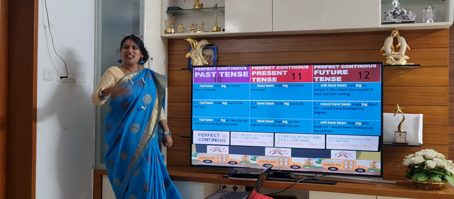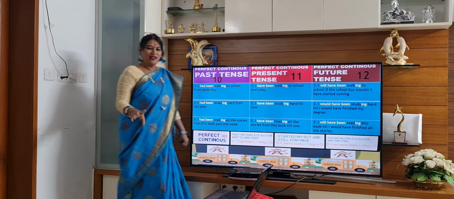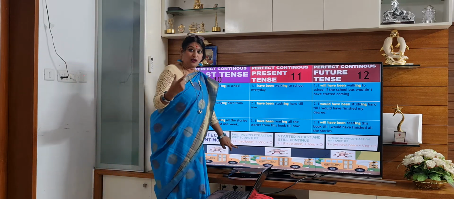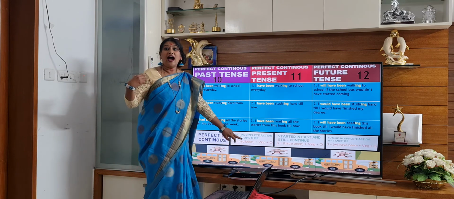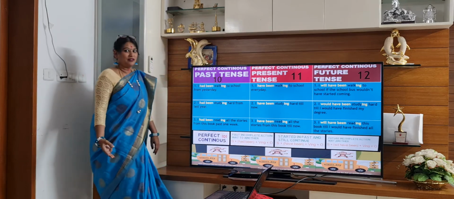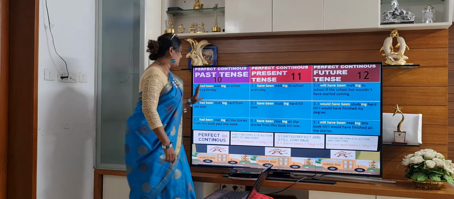Continuous word is there, so ing has to be there. V1 ing, V1 ing. Is that clear? Now, the extra fitting you have to use is had been. Had been plus verb's first form with ing.